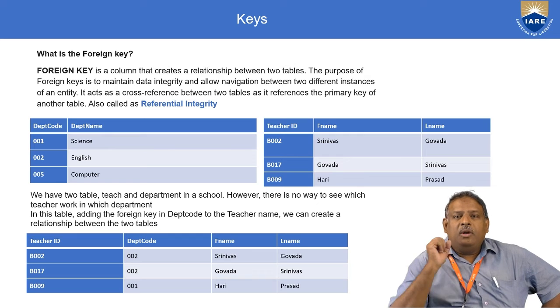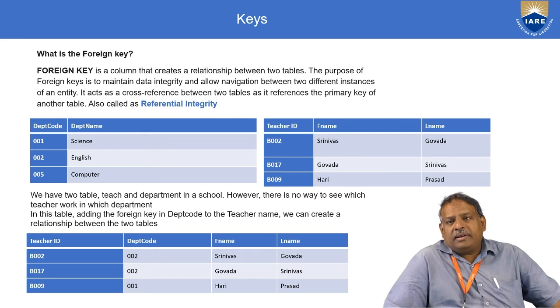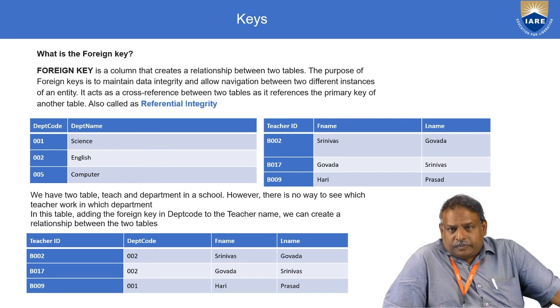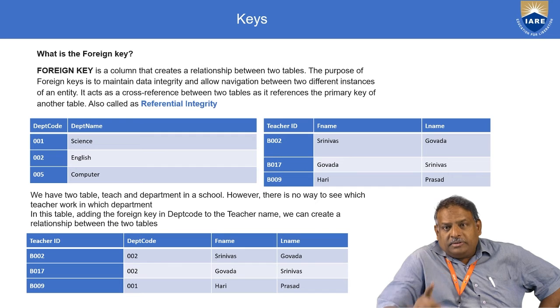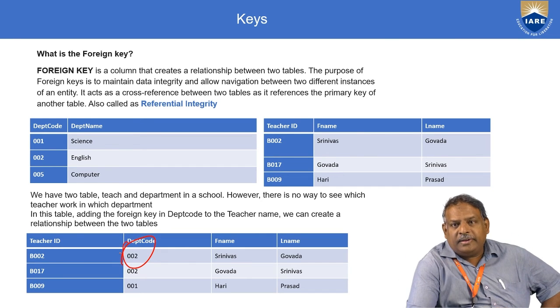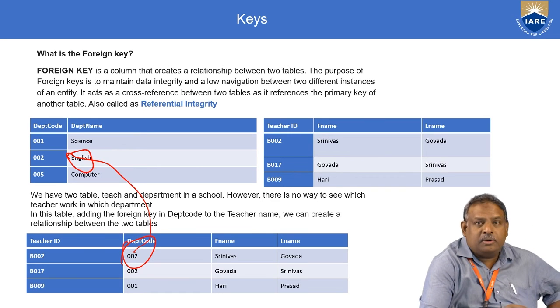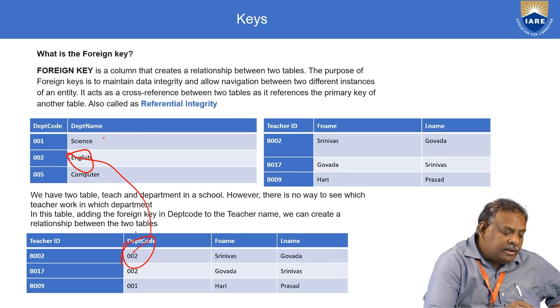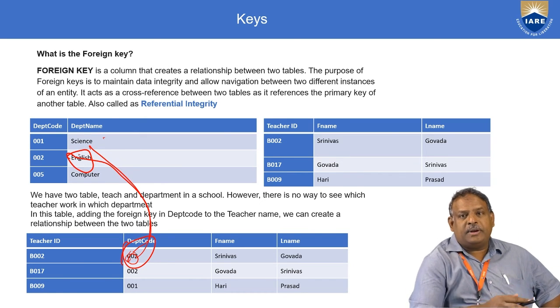Now here I can safely say that Srinivas Govada is a teacher who takes the English subject, because 002 is a subject whose master record is in the department table. Here 002 is referring to the English subject.